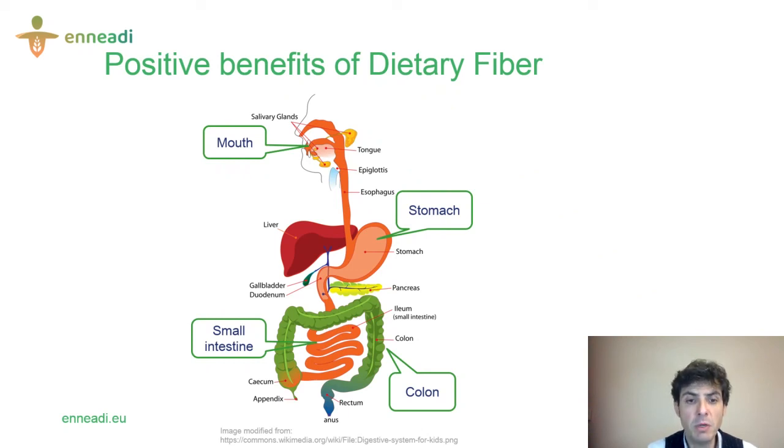In the small intestine, fiber slows down the absorption of other caloric nutrients, such as glucose or fats, and reduces the absorption of some molecules like cholesterol. So this is a positive effect of fiber.